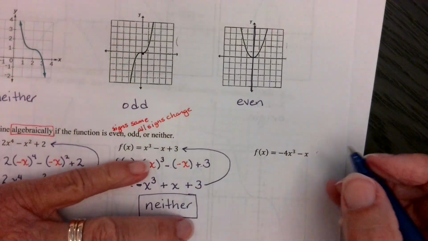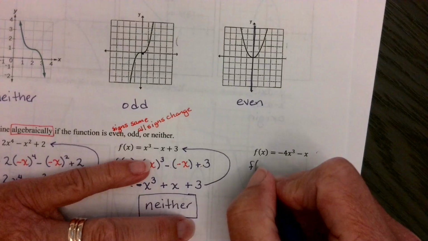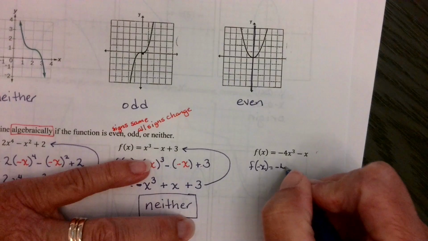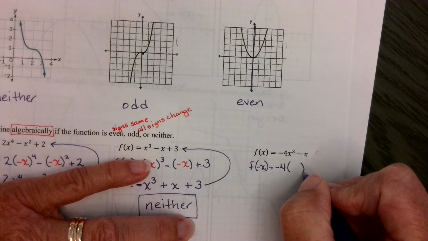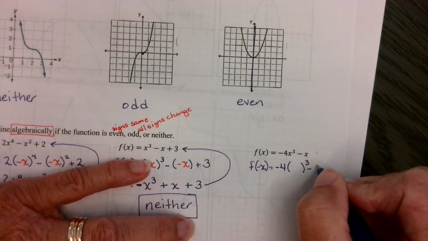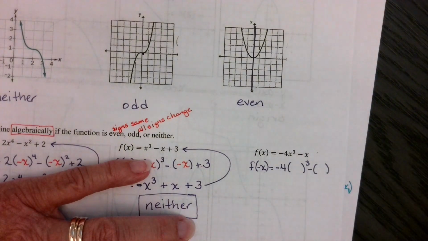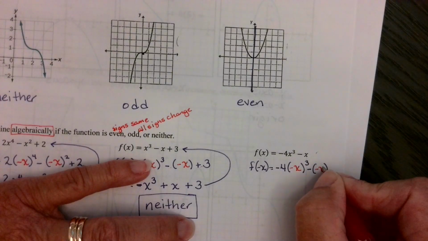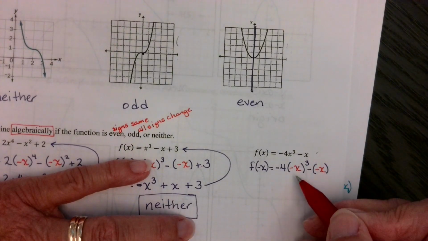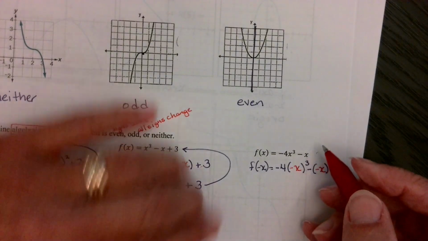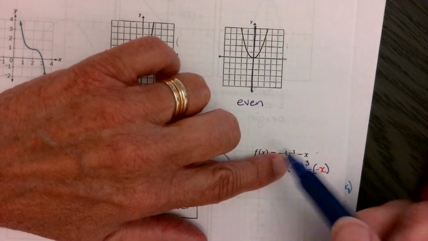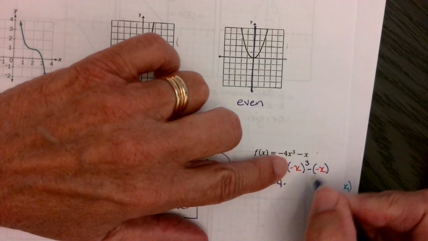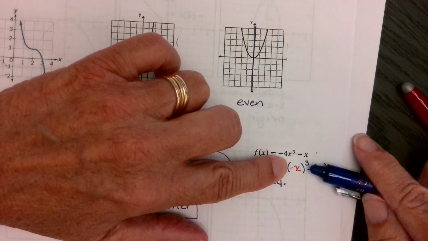All right, so let's try this one. Again, same thing. We're going to say negative 4 times negative x to the 3rd minus a negative x. So what I did was I took out my x and I replaced it with the negative x. Right here I'm going to bring down my negative 4 times this part right here.